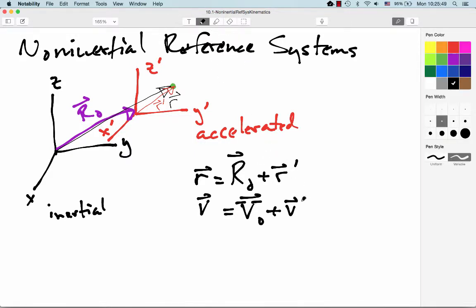So that's the velocity of the object as measured by the accelerated observer. And similarly, we can go ahead, differentiate one more time. And we'll get that the acceleration in the inertial frame would be equal to the acceleration of the accelerated frame, so the acceleration of the origin here, plus the acceleration of the object that the accelerated observer measures.